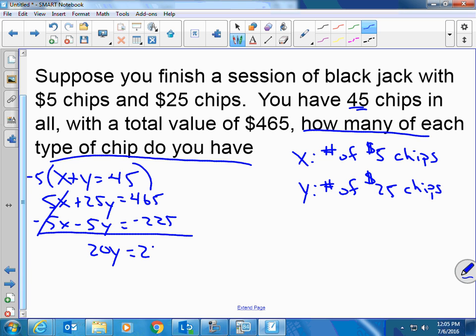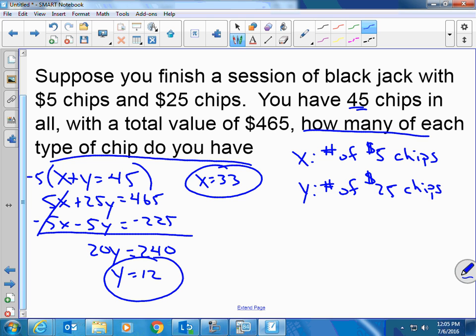What do you get? 240. Divide. Y is 12. If y is 12, then x must be 33, 45 minus 12. There are 33 $5 chips. There are 12 $25 chips.